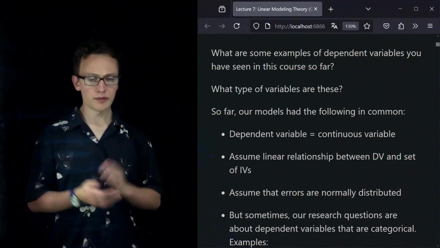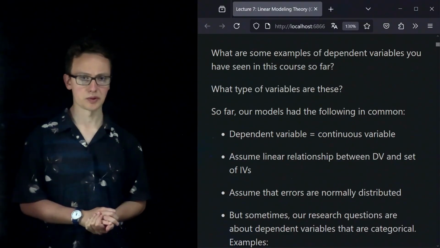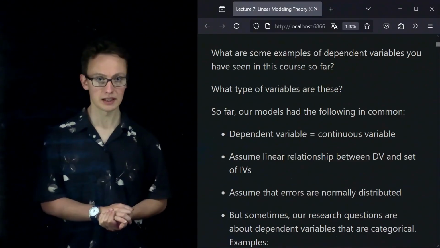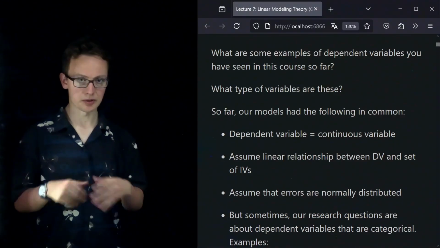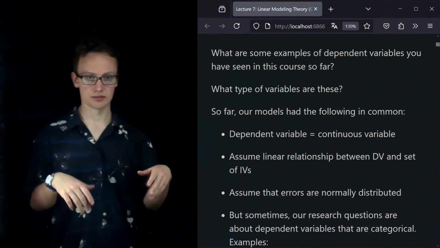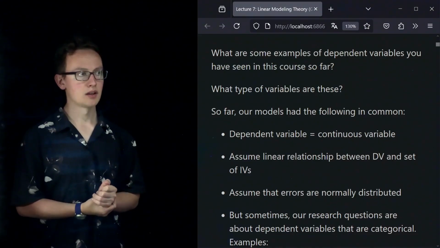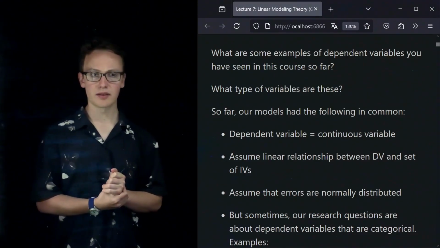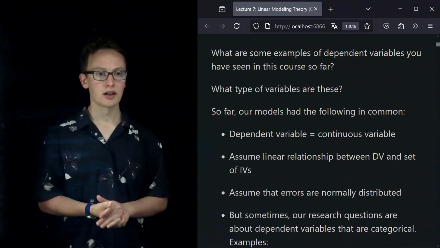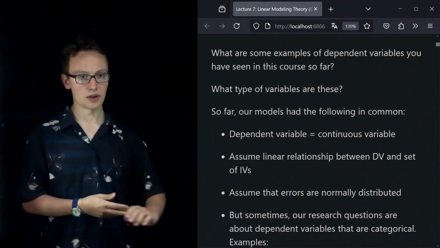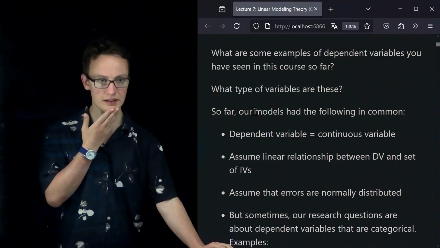So, if you think of all the examples we've seen so far in this course where we applied some sort of linear regression model, be it simple linear regression, multiple linear regression, or even regression including random effects, so-called linear mixed models, you will notice that there was one thing that all of these examples so far had in common, namely that we always fitted models with certain particular assumptions.